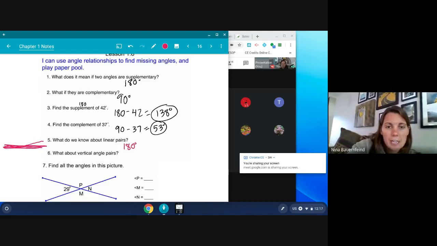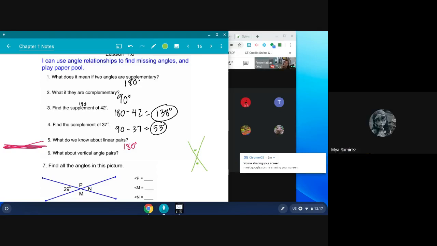So that's 180. And then what about vertical angle pairs? So vertical angle pairs would be like this one and this one. Do you guys remember what we know about those? They match with the other line.